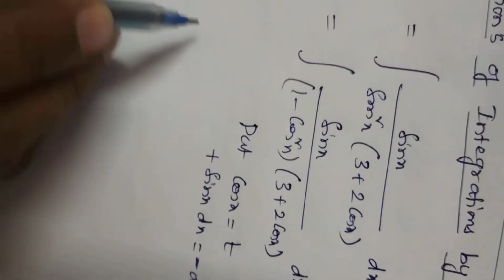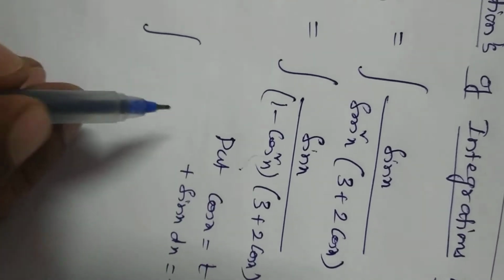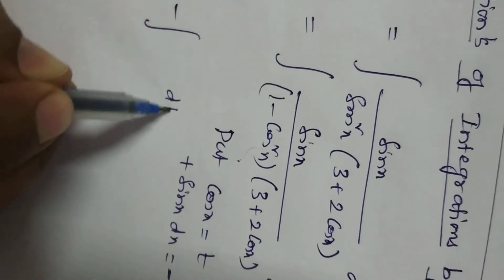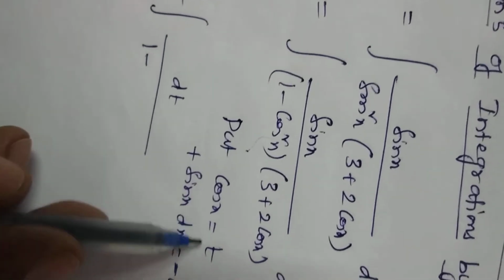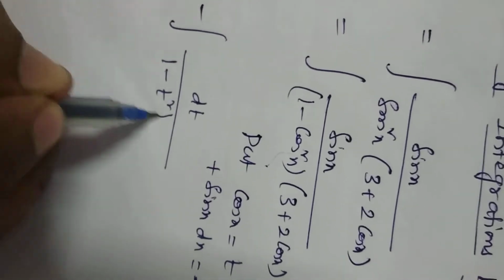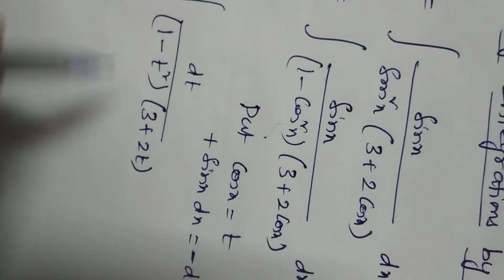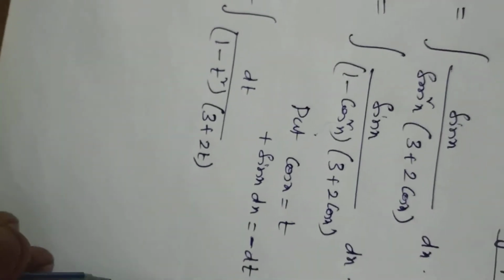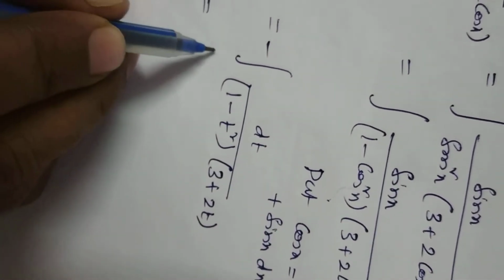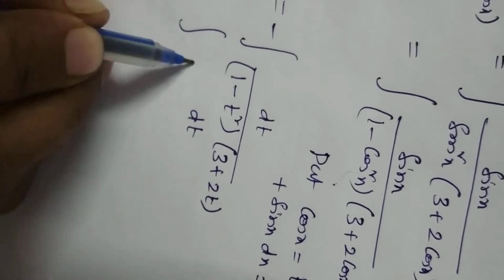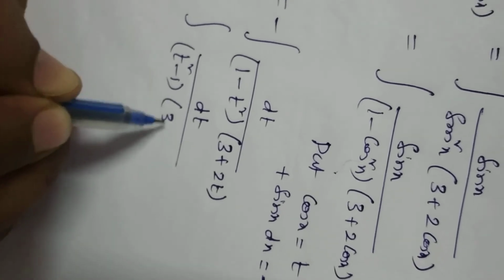So the integration now turns into minus dt by (1 minus t square) into (3 plus 2t), since we are taking cos x as t. Removing the minus sign, this can be written as integration of dt by (t square minus 1) into (3 plus 2t).